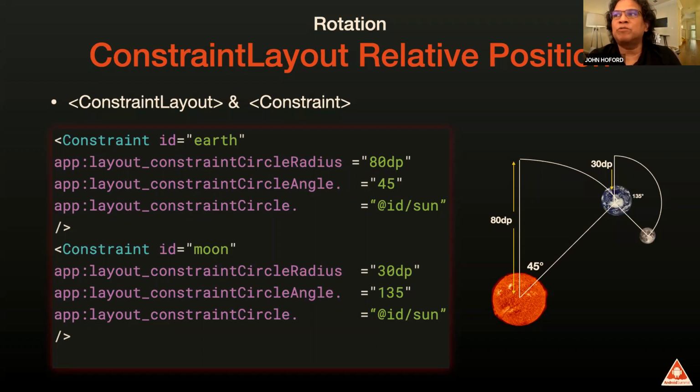ConstraintLayout has relative positioning. As you can see, you can say I'll constrain the Earth to the sun and the moon to the Earth, and you can give them angles, and it actually works out pretty well. But we didn't really do anything with that in MotionLayout before.